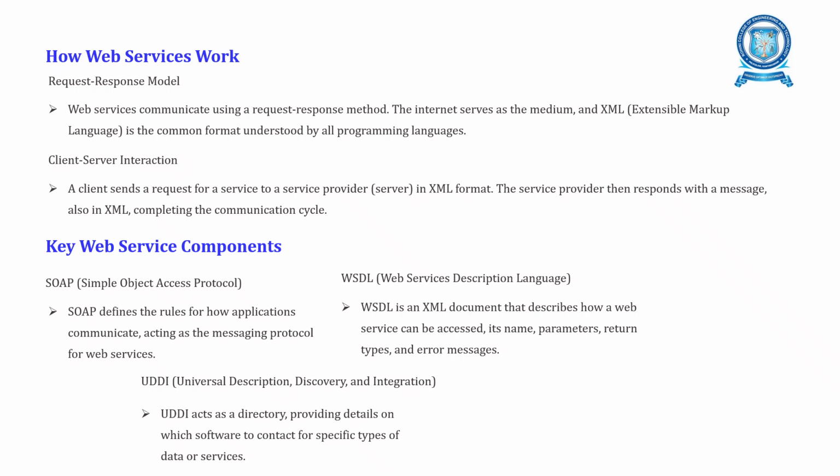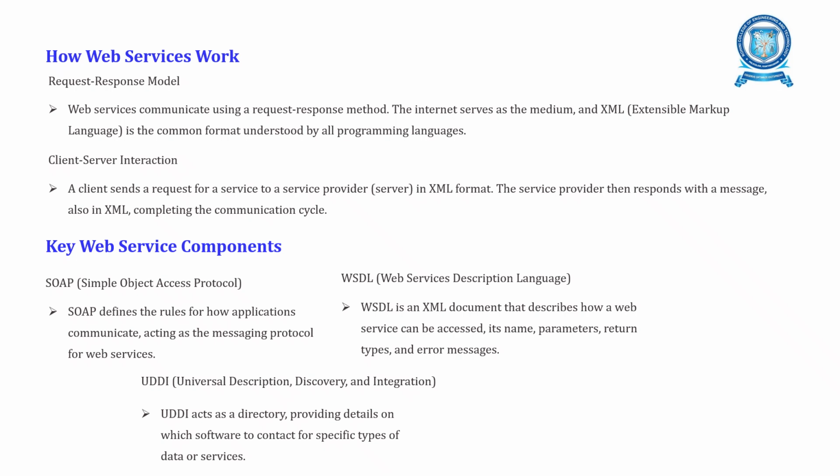The main key features of the web service components are SOAP, Simple Object Access Protocol, which defines the rules for how applications communicate, acting as a messaging protocol for services.